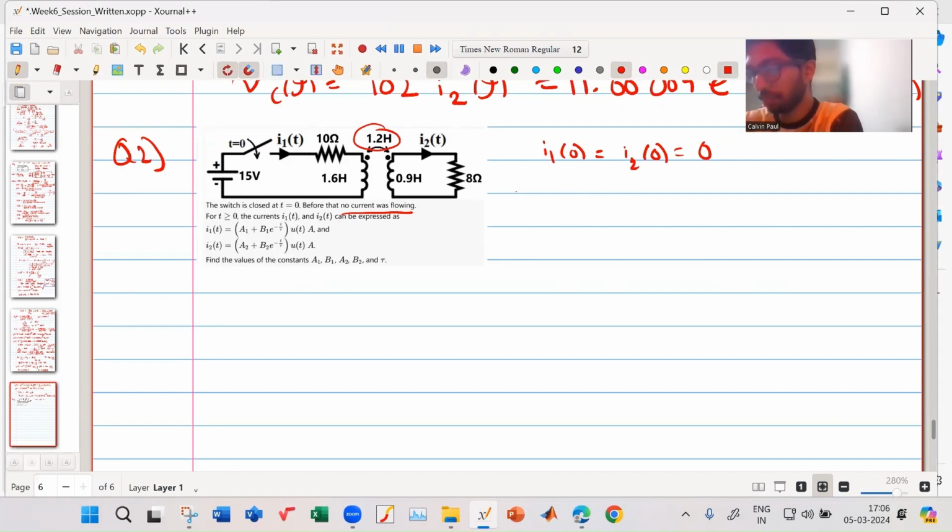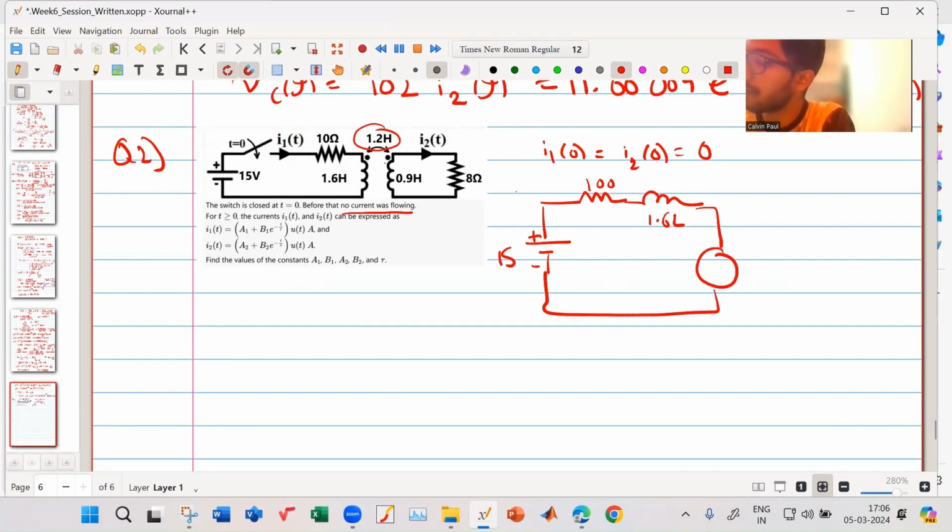So now, when you make the equivalent circuit, it will be like this. After the switch is closed, your 1.6 H inductor. Now, if you see at the dot, what is the voltage induced over here? Here, current I2 is flowing out. If it is flowing out, then at the dot terminal there should be a minus sign. So this becomes minus 1.2 into di2 upon dt.